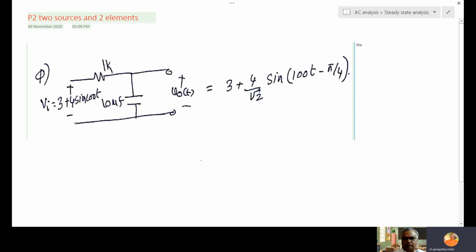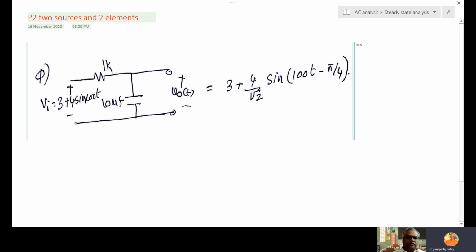This is another problem. Two elements are there. Input Vi is 3 plus 4 sin 100t.